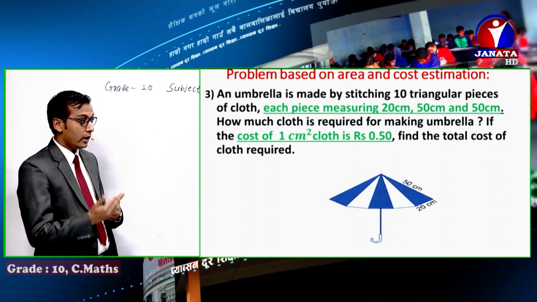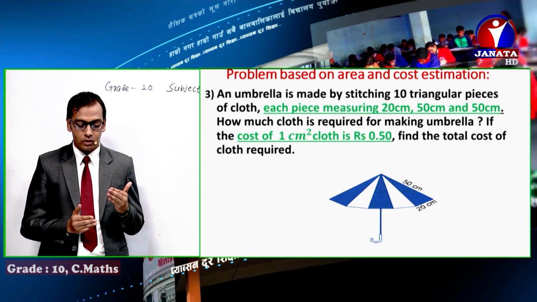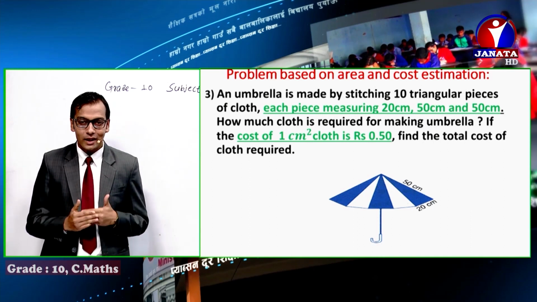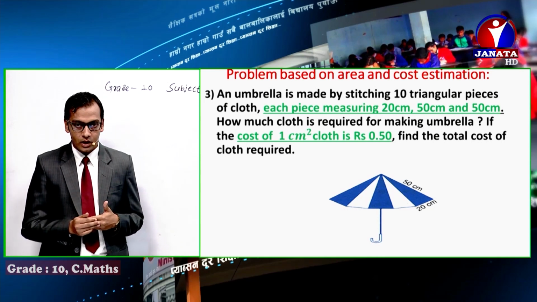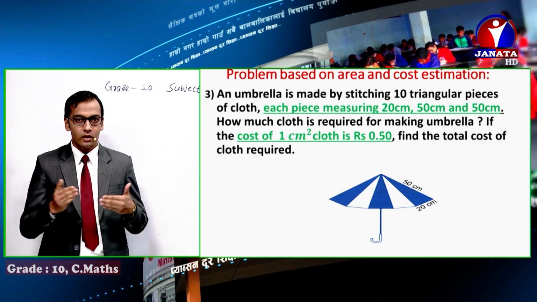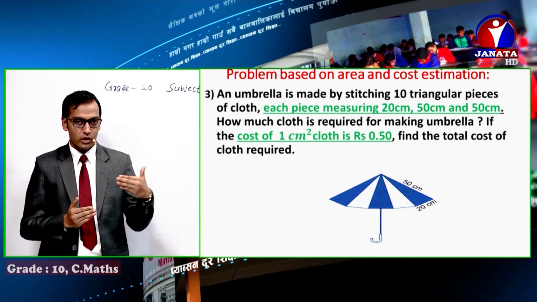What is the type of triangle here? Two sides of the triangle are equal, because the lengths of two sides are 50 cm and 50 cm. So if two sides of a triangle are equal, we say the triangle is an isosceles triangle. There are two ways to find the area of an isosceles triangle: we can use the direct formula of an isosceles triangle or Heron's formula.